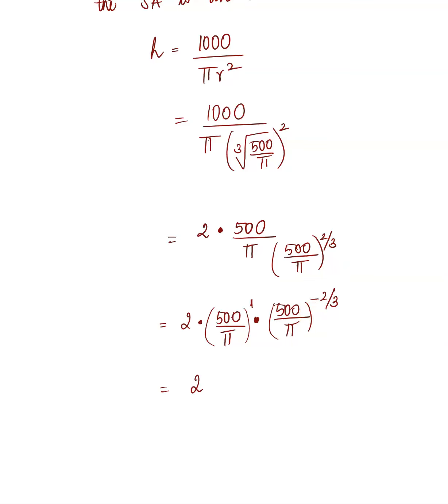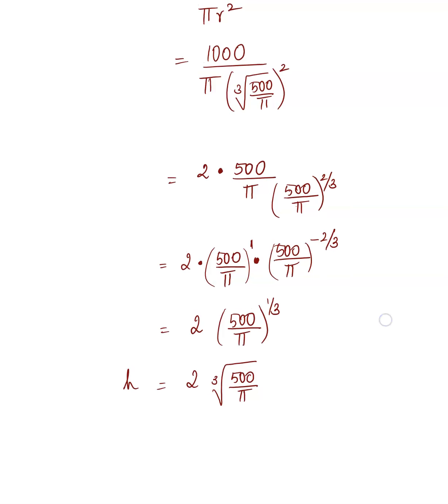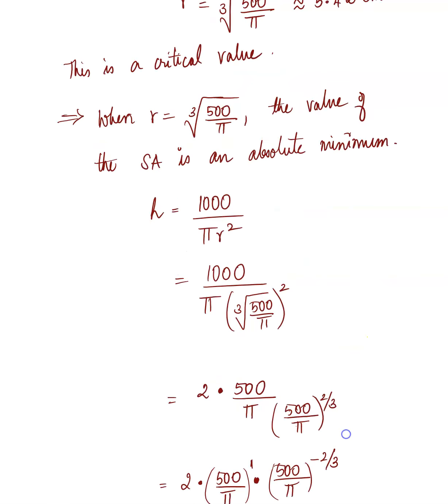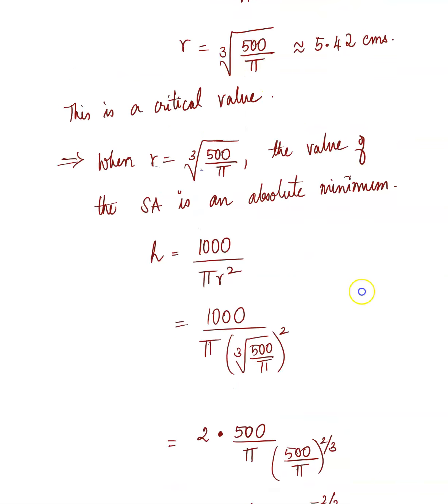That's going to be 2 times 500 over pi power 1 over 3. So h is 2 times cube root of 500 over pi, isn't it? But what is cube root of 500 over pi? That is nothing but your r, isn't it? We found r to be cube root of 500 over pi.